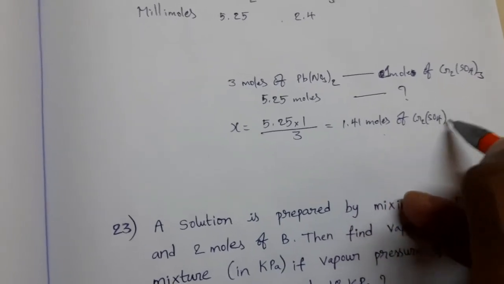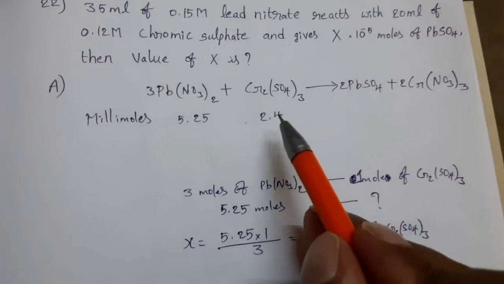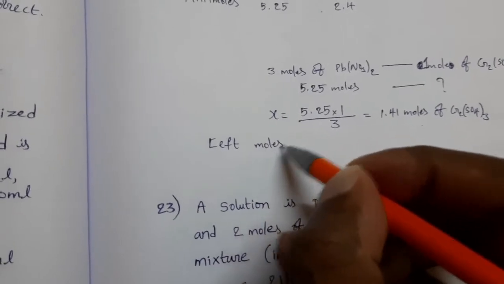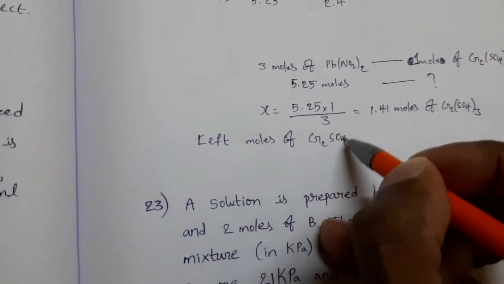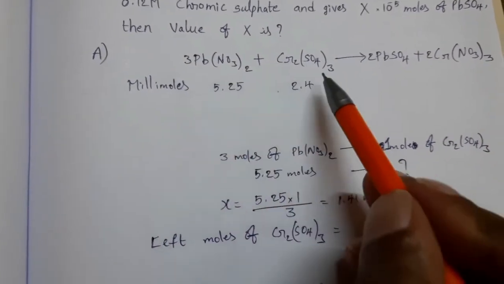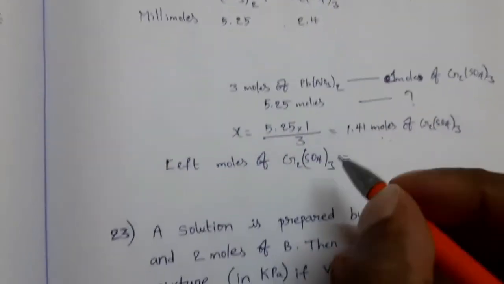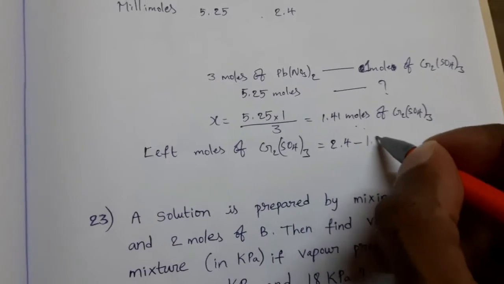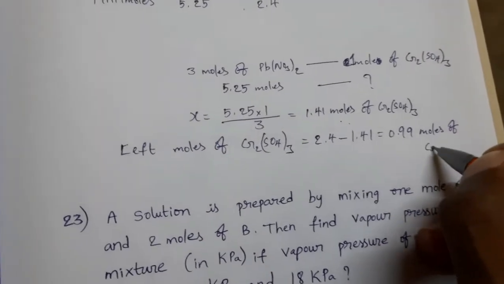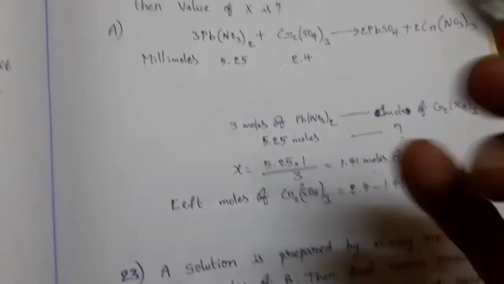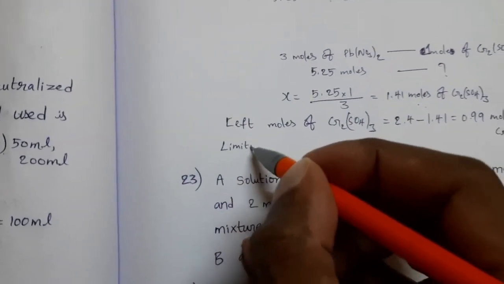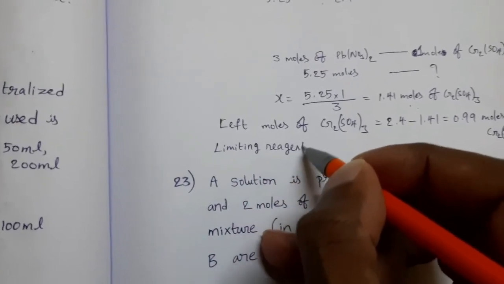So 1.75 millimoles of Cr2(SO4)3 is required, but the available amount is 2.4. The remaining is 2.4 minus 1.75, equal to 0.65 millimoles of Cr2(SO4)3. So lead nitrate is completely consumed; it is the limiting reagent.